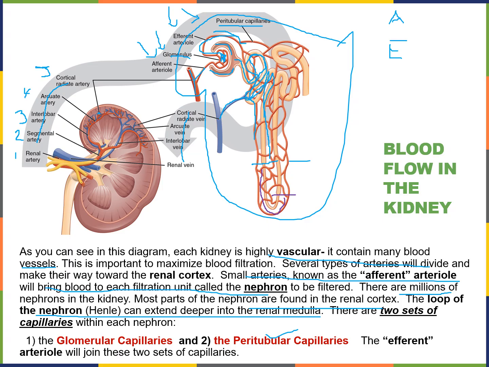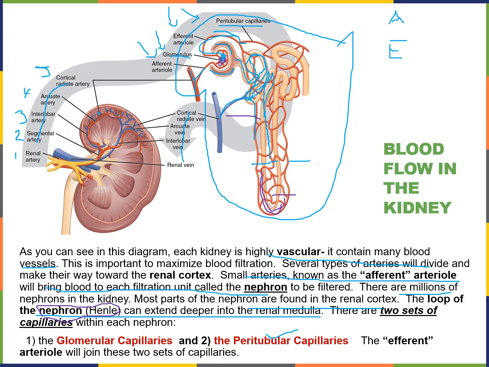And then I'll put another line there. So this first part is what we call the proximal convoluted tubule because it's closer to the glomerulus here. That U-shaped hairpin bend, that is the loop of the nephron. Old name, loop of Henle.